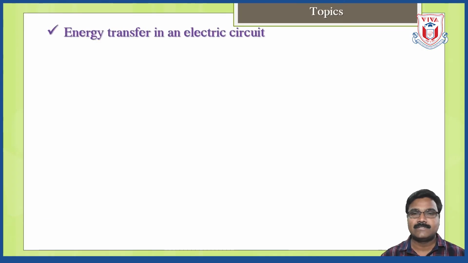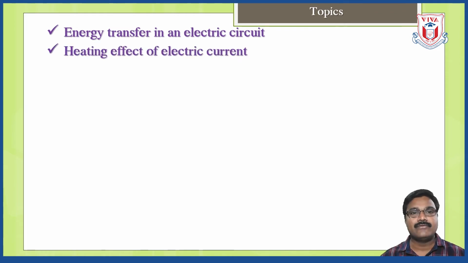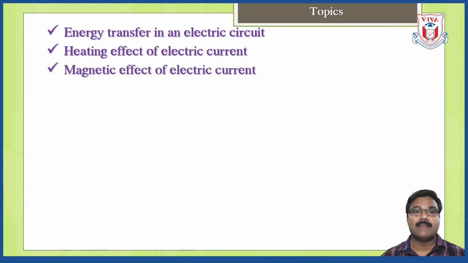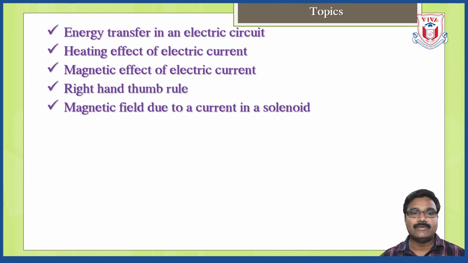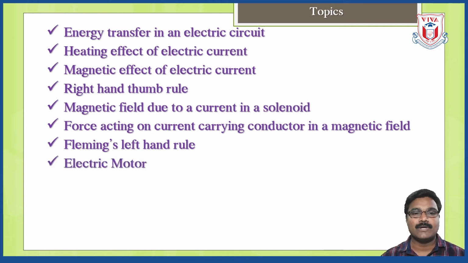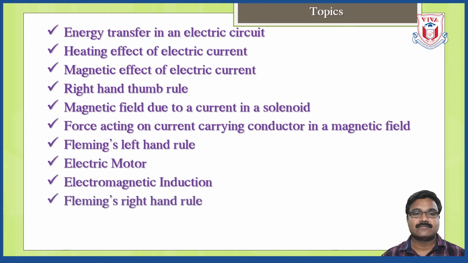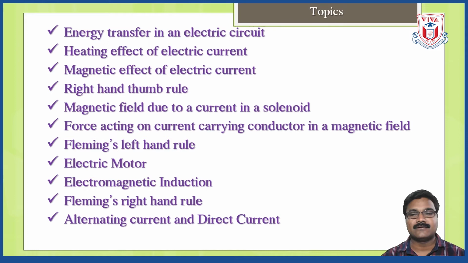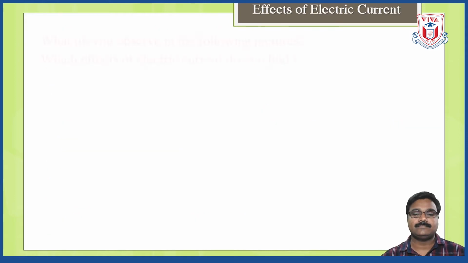In this chapter, some topics are there: energy transfer in an electric circuit, heating effect of electric current, magnetic effect of electric current, right hand thumb rule, magnetic field due to a current in a solenoid, force acting on current carrying conductor in a magnetic field, Fleming's left hand rule, electric motor, electromagnetic induction, Fleming's right hand rule, alternating current and direct current, electric generator.